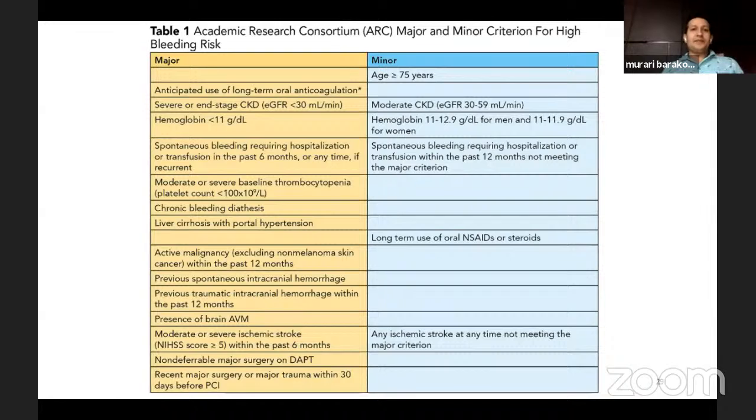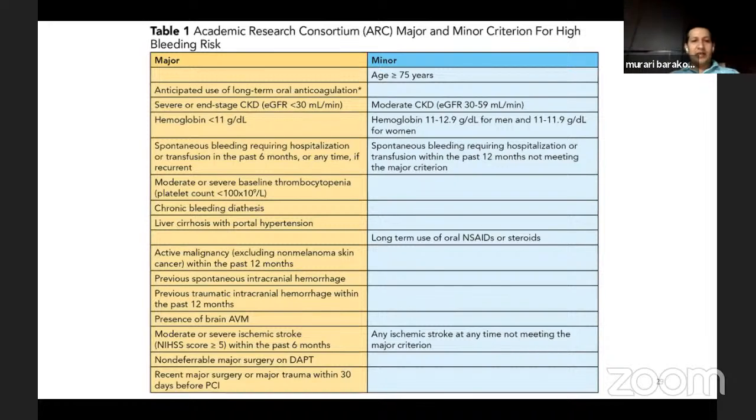Whereas bleeding risk has been defined by different criteria, and we have different risk scores, like the PRECISE-DAPT score, which is available as an app on the mobile. But this is the ARC criteria, which is more comprehensive and gives more idea, but we have to remember this.